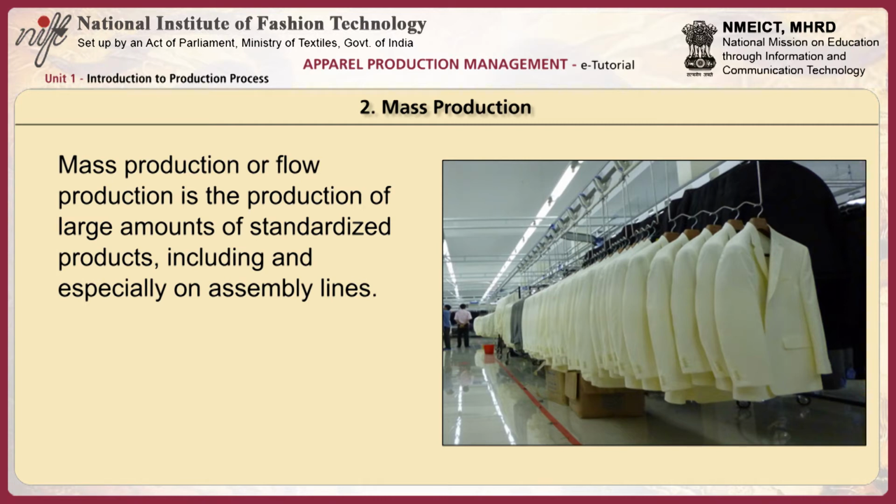Some mass production techniques, such as standardized sizes and production lines, predate the Industrial Revolution by many centuries. However, it was not until the introduction of machine tools and techniques to produce interchangeable parts were developed in the mid-19th century that modern mass production was possible.